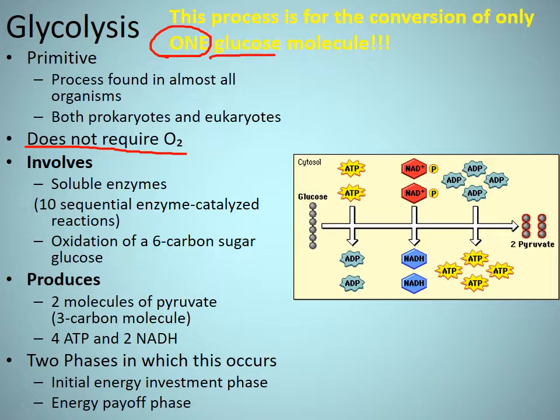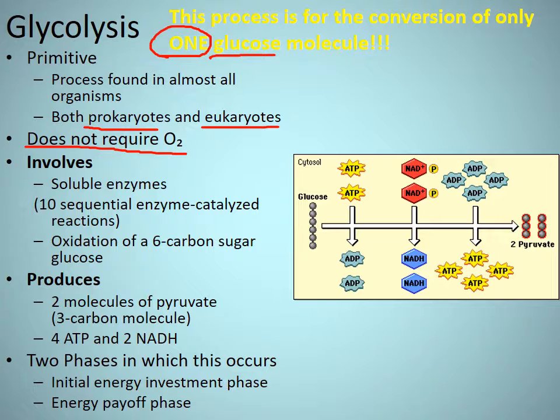This process is found in almost all organisms, both prokaryotes and eukaryotes. Prokaryotes differ from eukaryotes because they don't contain a nucleus. We are eukaryotic, so our cells have a nucleus.